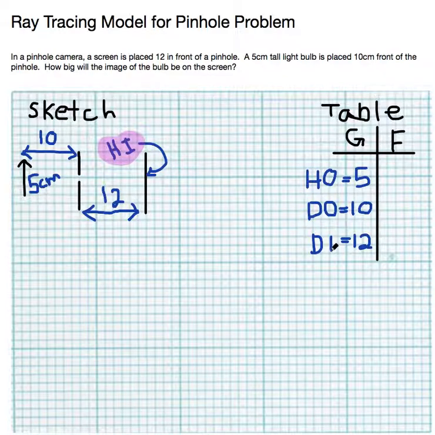So here we go. We know that we need this distance to be 10 and this to be 12. That's really going to set the total width across. It's going to set our scale. So we need to have 22 boxes across.